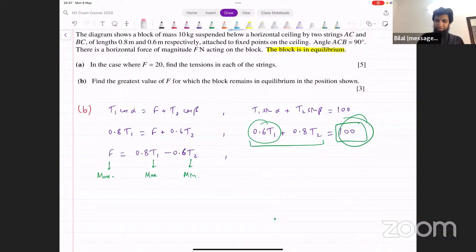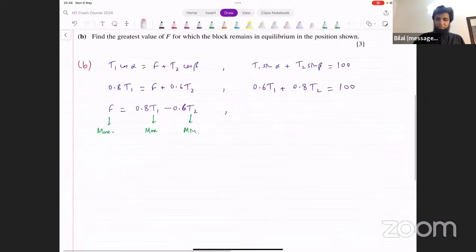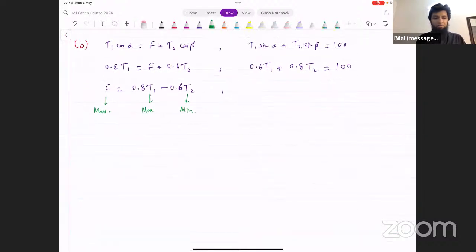However, if we think of T2 instead, how small can we make T2? What's the smallest possible value that T2 could have? We can't make it negative. The smallest possibility is that we make this 0.